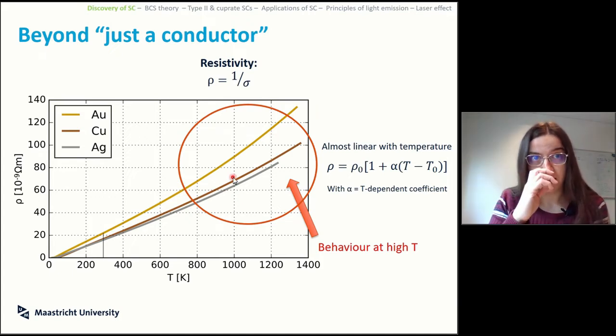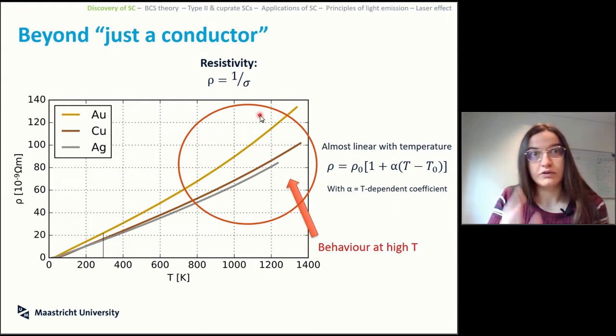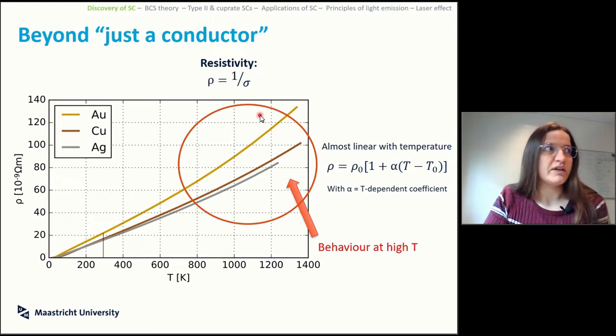So if you want your best plotting, you might have to change this alpha, which is a temperature dependent coefficient, which could change depending on the region of temperature. So it's better if you keep yourself in segments. So the resistivity of a metal increases with the temperature.